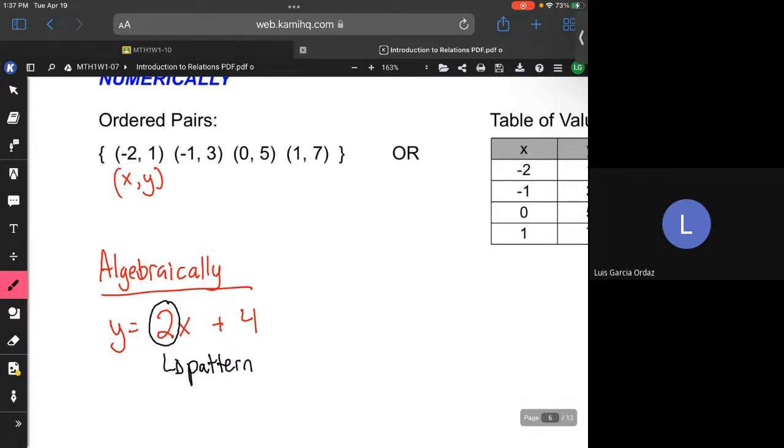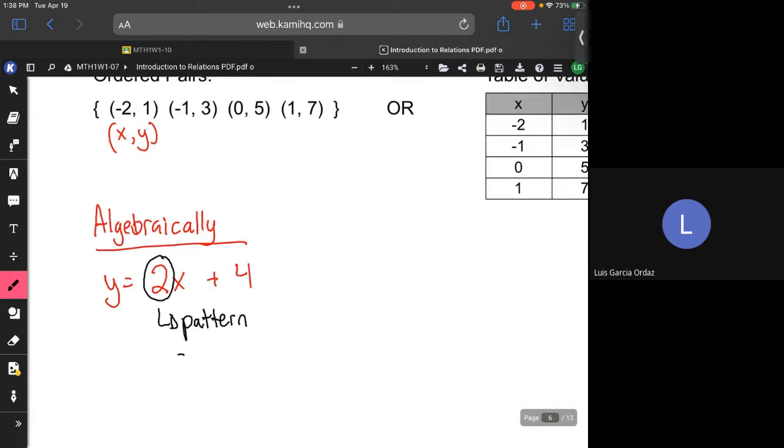So in this case, because I have a 2 in front of my x, what would my pattern be? Let's see if you guys can figure this one out. Is my 2 positive or negative? Positive. Which means that I'm going to be, yes, Claire? Increasing by 2. So in this case, my pattern is increasing by 2 each time.